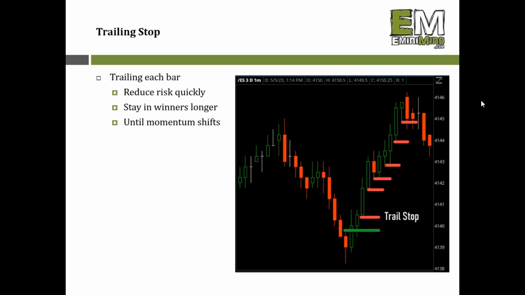And if you keep your eye out for hammers and inverted hammers, just that alone, looking at hammers within an uptrend, inverted hammers within a downtrend, and then also reversals, so at highs and lows of the day, double tops, double bottoms, as well as halfway backs.